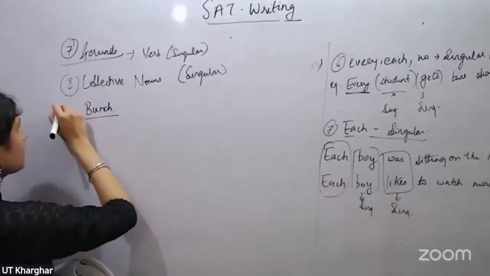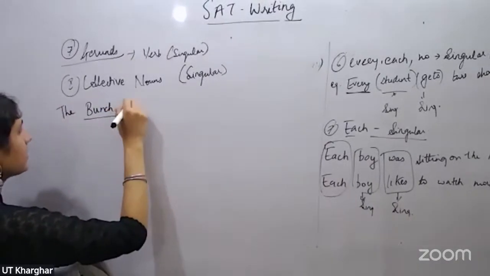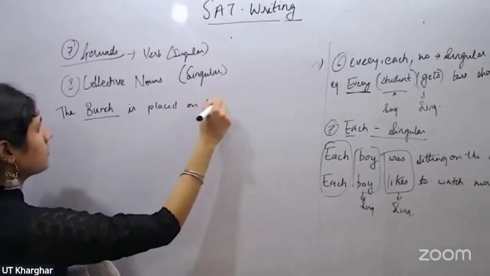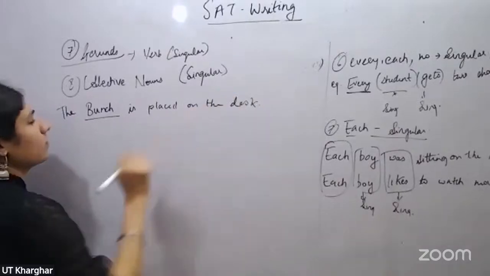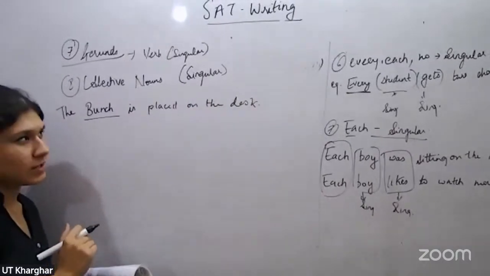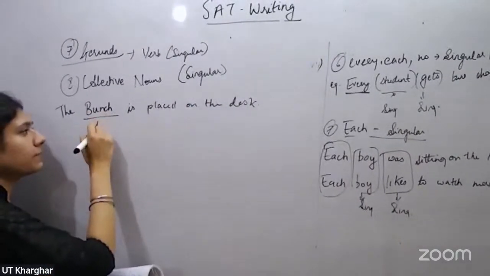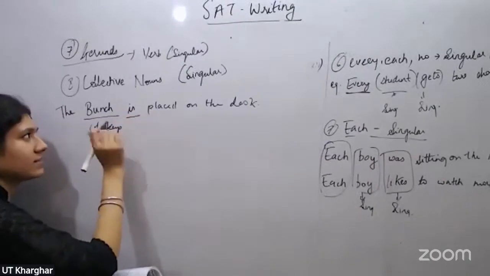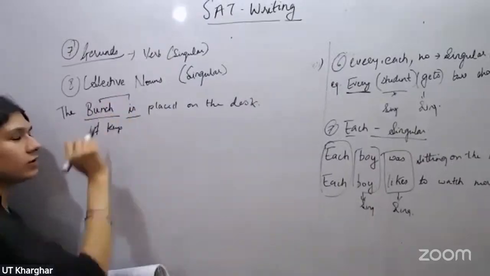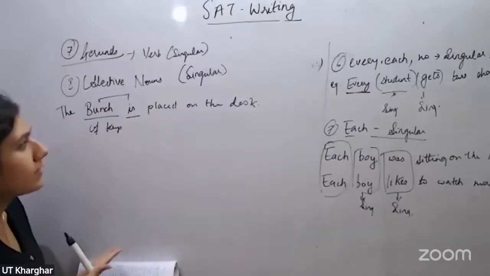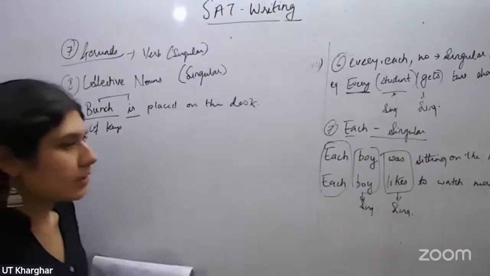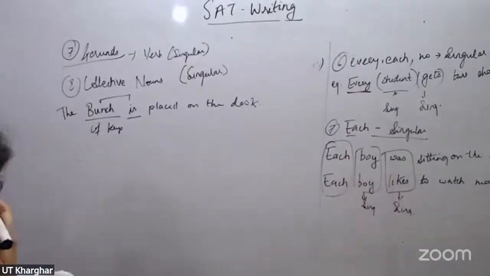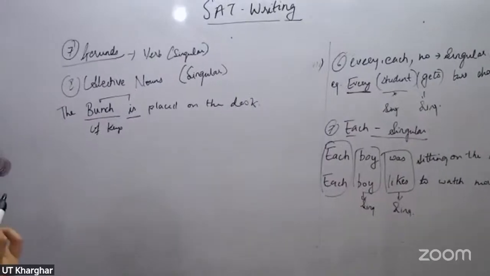The bunch is placed on the desk. I won't say the bunch are placed. Even if I say the bunch of keys, still it would be is. Whenever we have a collective noun, it will always be is. So the colony is. There won't be are.